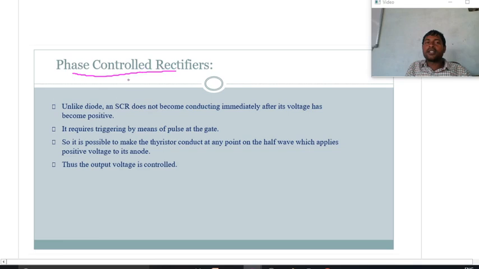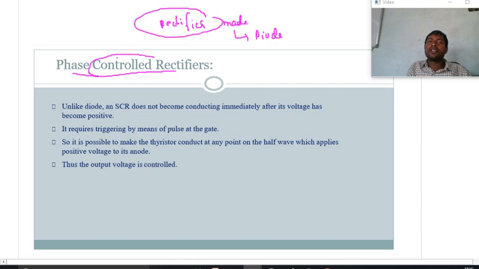Phase control rectifiers. We know that a rectifier is generally made with a diode. So this is a general rectifier, and a phase controlled rectifier is a different one.